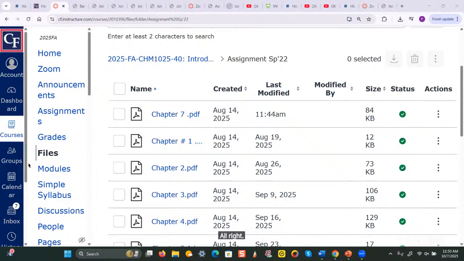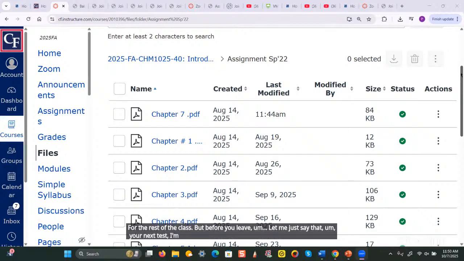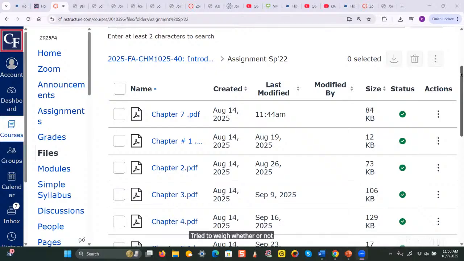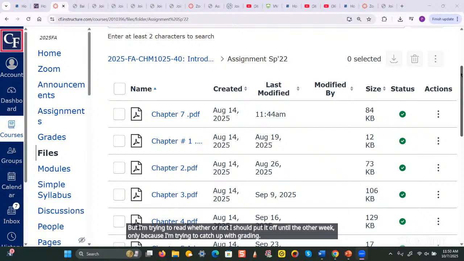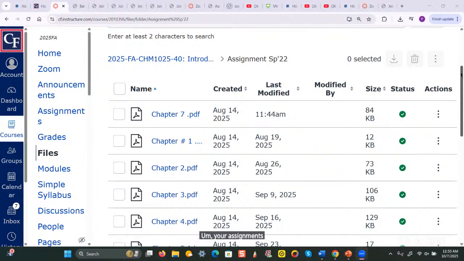All right, so basically, do the others. You're free to leave if you want to, but I'll be here for the rest of the class. But before you leave, let me just say that your next test, I'm trying to weigh whether or not it's scheduled for next week, or whether I should put it off until the other week, only because I'm trying to catch up with grading your assignments numbers 5 and 6.